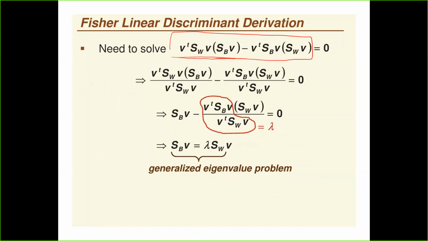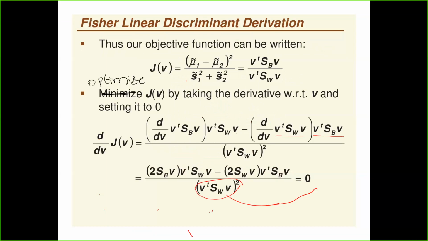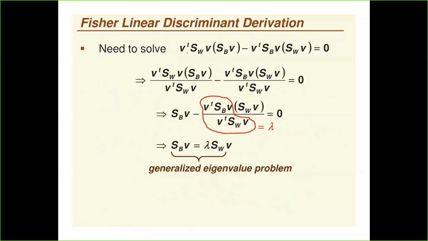Now let me divide it by V transpose SWV. Hello, I hope you're following. Please reply to me, because even if you don't follow one step, it is difficult to follow the rest. So you took this derivative and took this to the other side. Now you are dividing everything, both sides, LHS and RHS, by V transpose SWV. Clear?